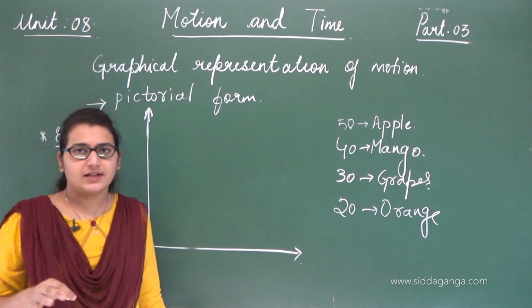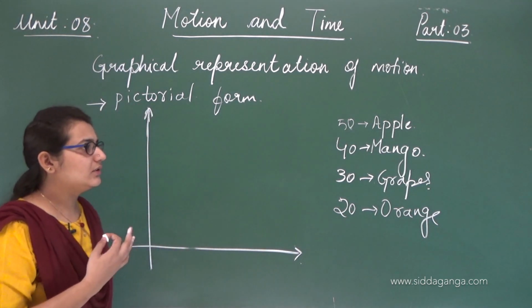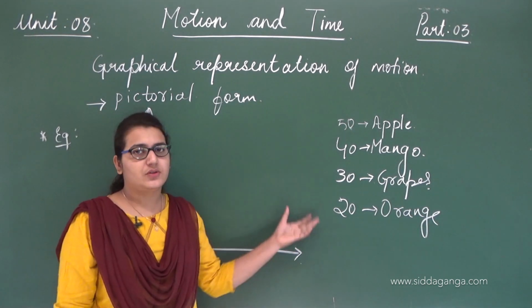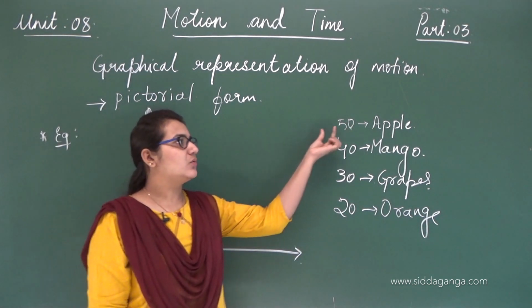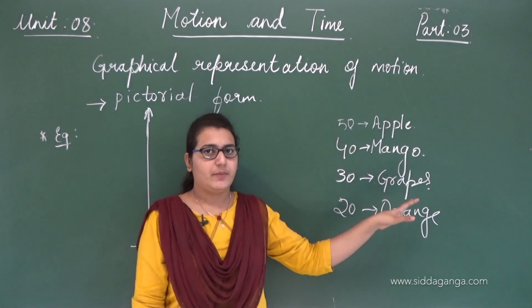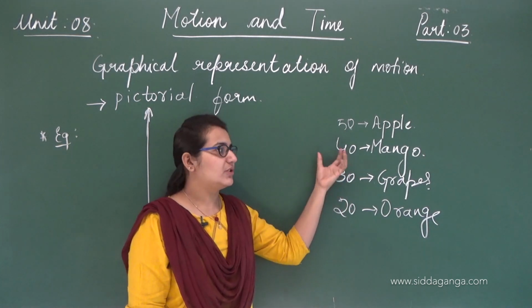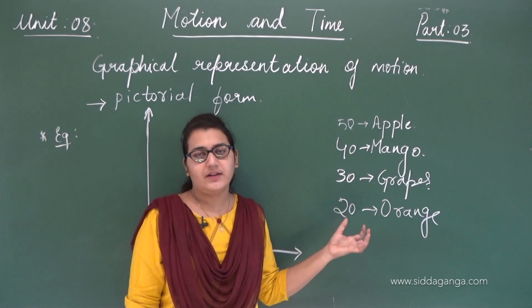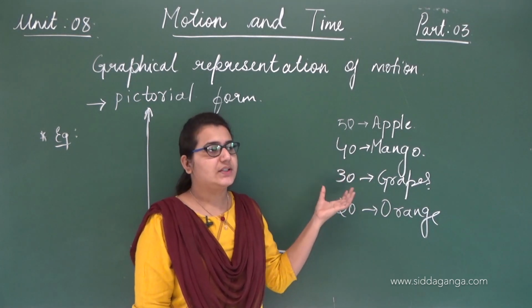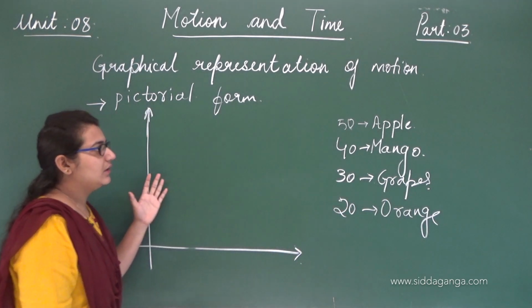This is just an example so that you know how to express it in graphical form. This is the information, the data that we have, and we need to represent this in a graphical form.